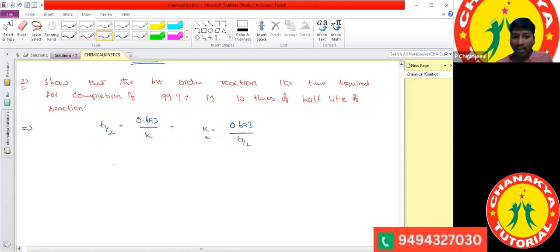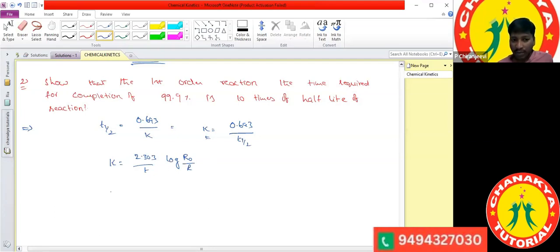Now how can we write the formula here? K is equal to 2.303 divided by t, log of initial concentration by final concentration.